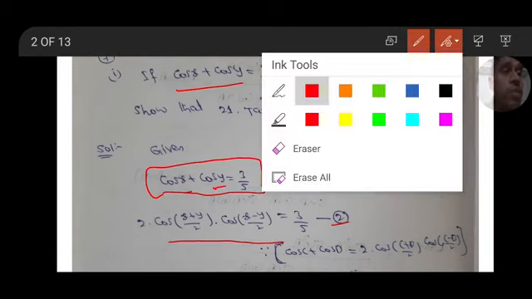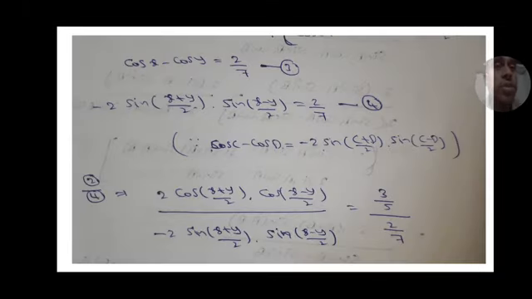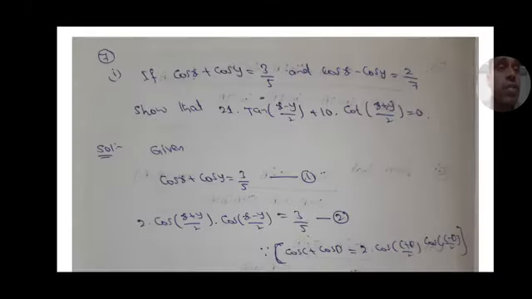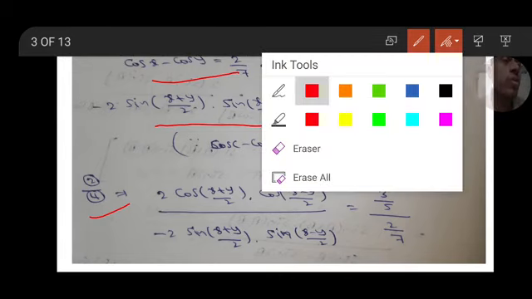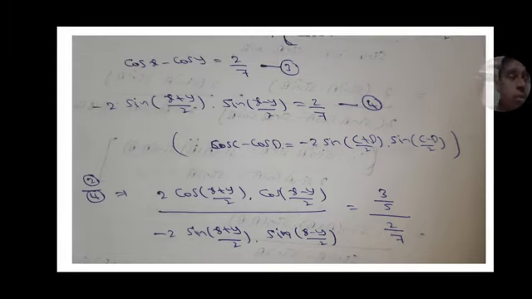And from the given third equation, cos x minus cos y is given. From this, you expand cos c minus cos d by using the formula, divide 2 and 4 and simplify, you get the resultant answer.